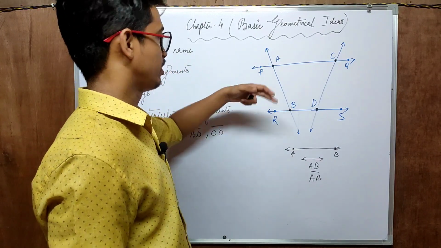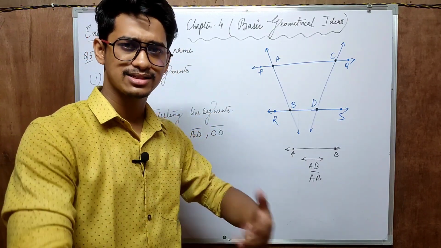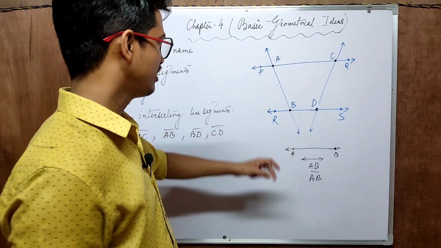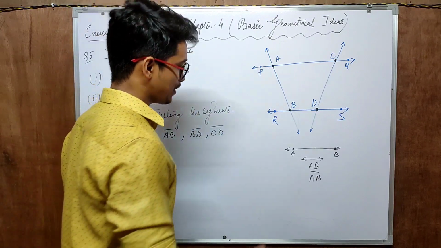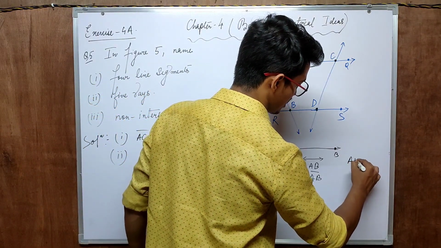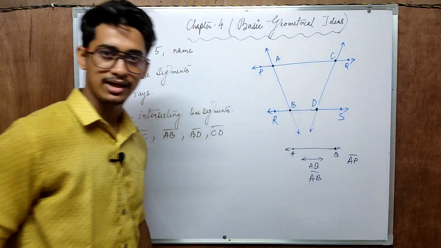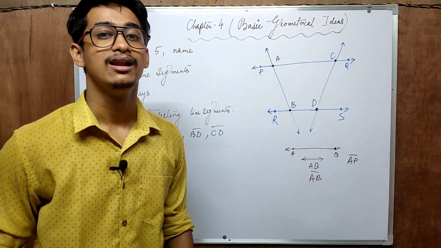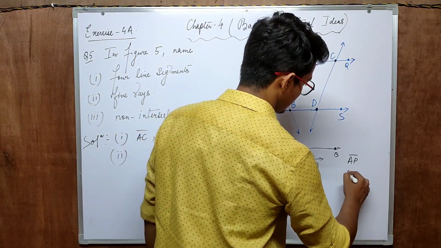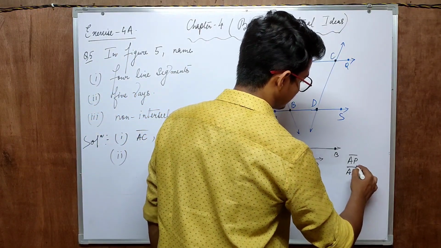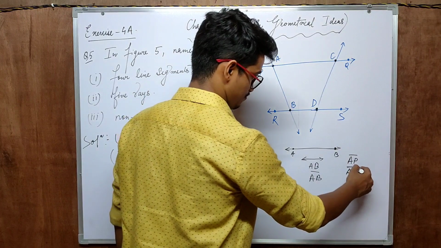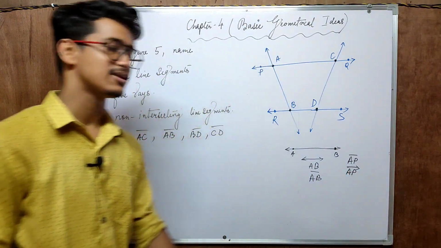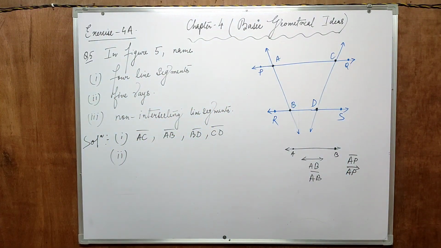Like that, I want to add one point over here. If I write AP with a bar, it represents the line segment. But if I put this mark on AP, it tells us that AP is a ray. I hope it is clear.